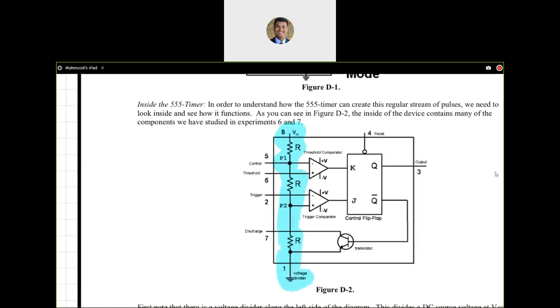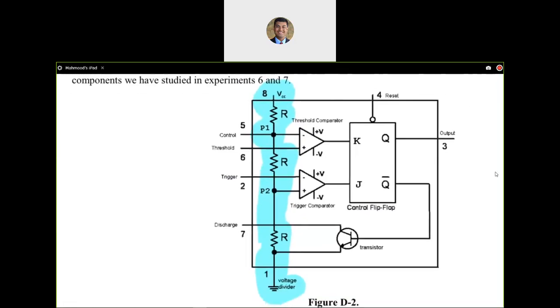What I have here is pin number 8, to which I am supplying a VCC voltage. This could be a 9-volt supply from the battery, or it could be the 5-volt supply from Analog Discovery. It could be any voltage that ranges between 5 to 15 volts. It's my choice.